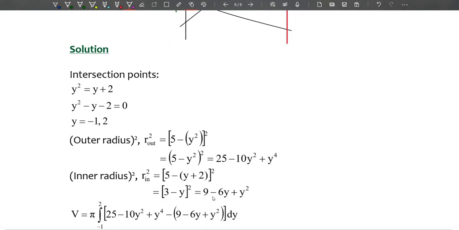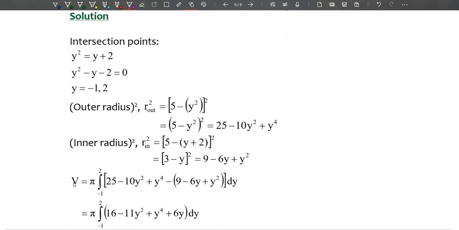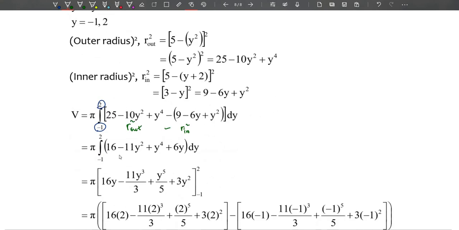This is the expansion of the factor. And here V is equal to pi, integrate from negative 1 to 2, with respect to y, of r out squared minus r in squared.